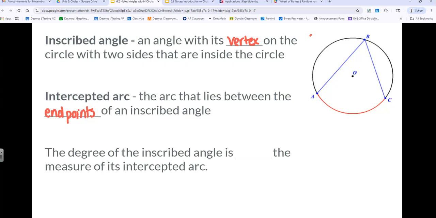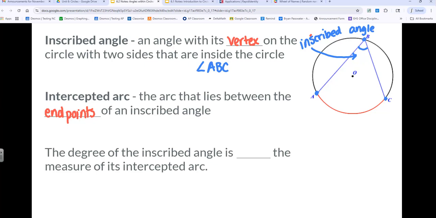So, for example, in this picture, angle ABC, this angle right here, that is your inscribed angle.